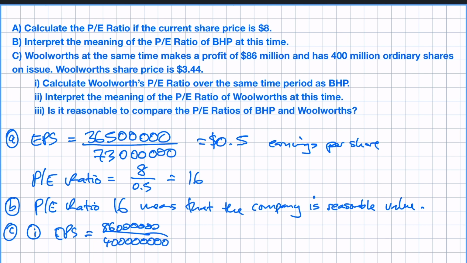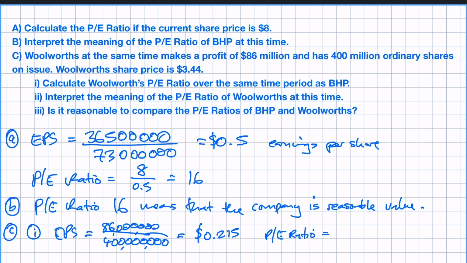A lot of zeros there. If you want to put the commas to help you check, no one's going to mark you down for that. So the earnings per share is 86 million divided by 400 million, 0.215.